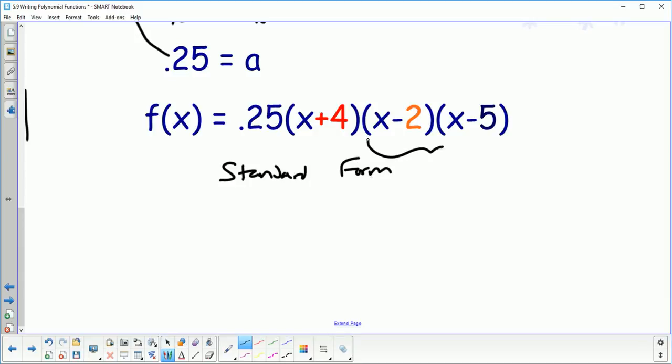We did a couple days on that, where we'd multiply those two binomials together, and then multiply that result times x plus 4, and then we would finally finish by distributing 0.25 into our function, and we'd be done. We'd have it in standard form.